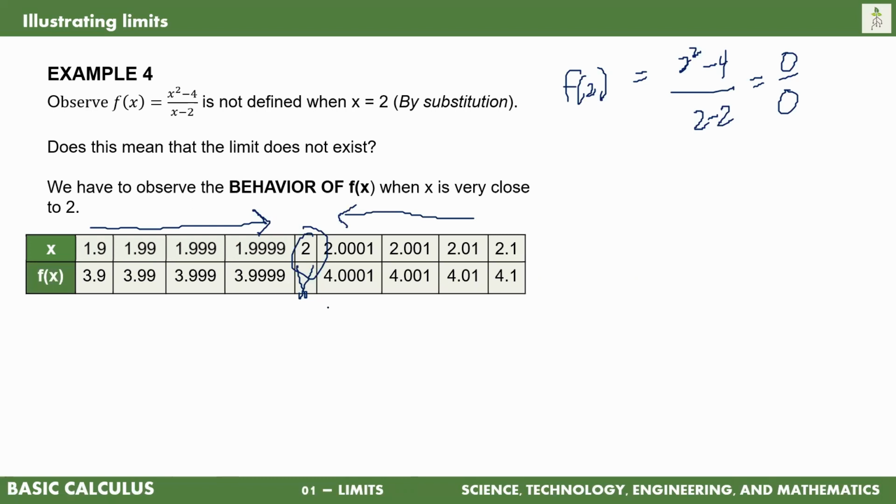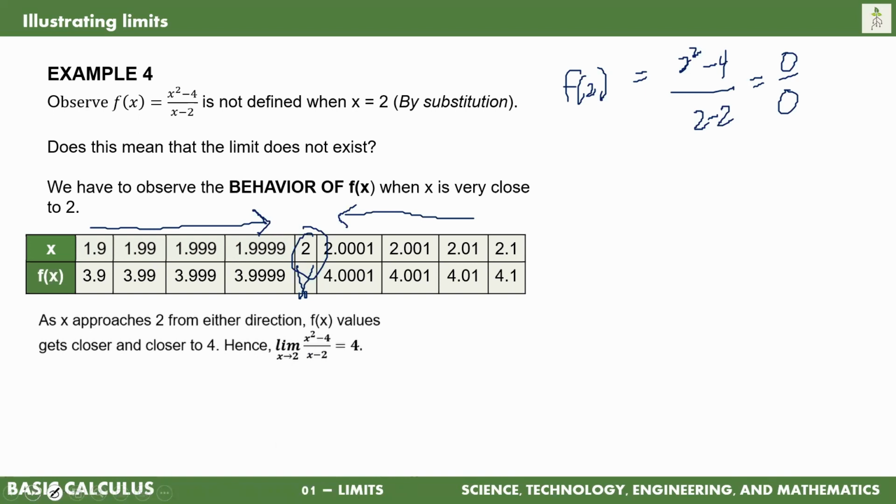Undefined dyan. Pero anong napansin nyo habang pinapa-approach nyo sa 2 on both sides? Saan siya nag-approach? Di ba sa 4? Okay. So, ibig sabihin, yung limit nung function (x squared minus 4) over (x minus 2) as x approaches 2, that is equal to 4.